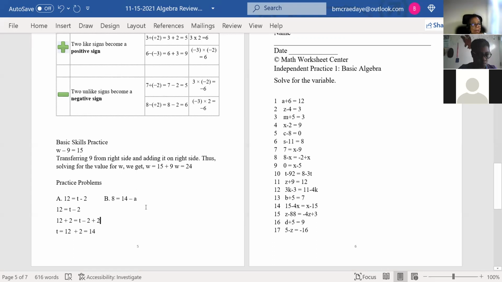All right. What about this one, Maureen? 8 equals 14 minus A. What is A? How would you find it?